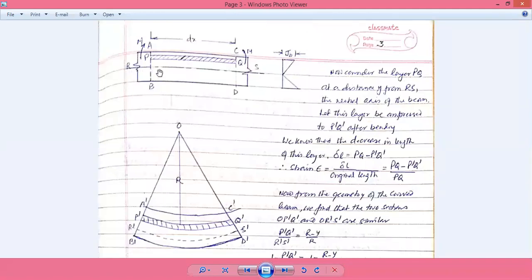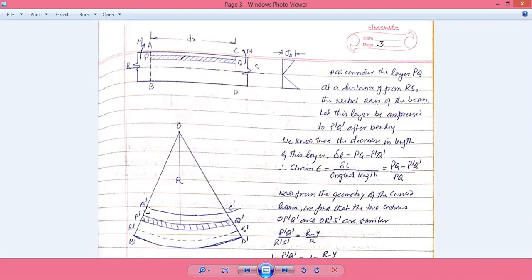And this is the neutral axis, or neutral line RS. After the bending, now consider the layer at a distance y from RS. We are investigating the performance of this particular strip at a distance y from this RS itself.